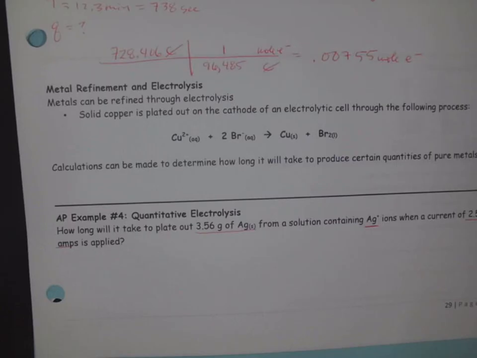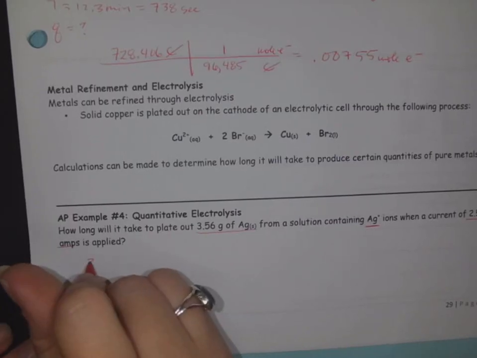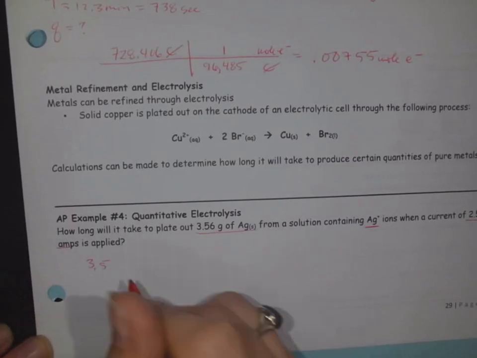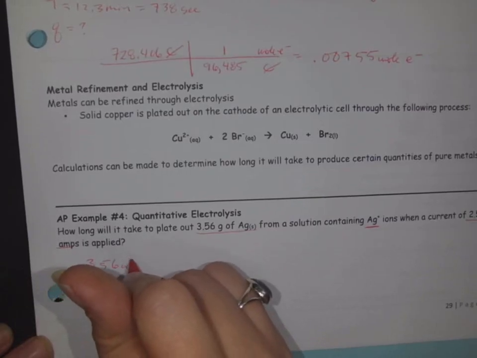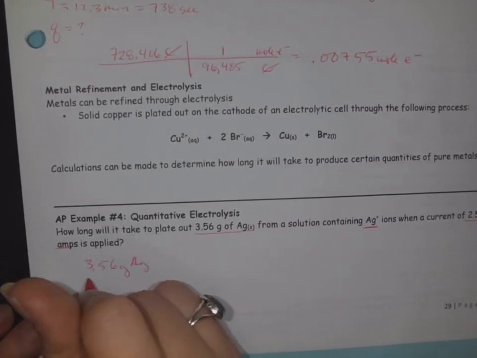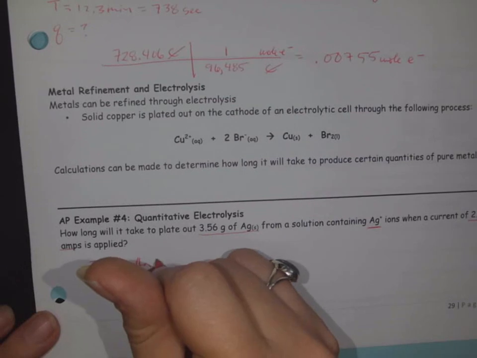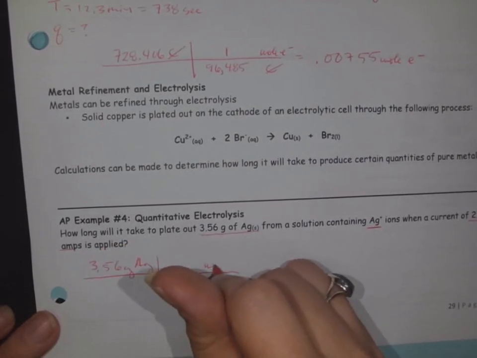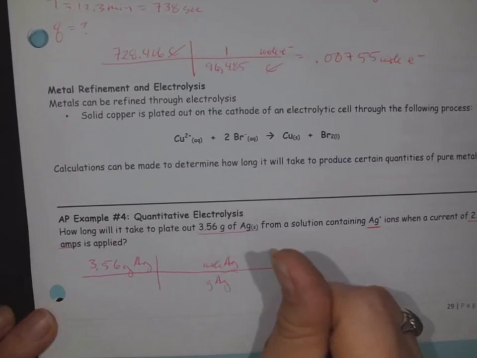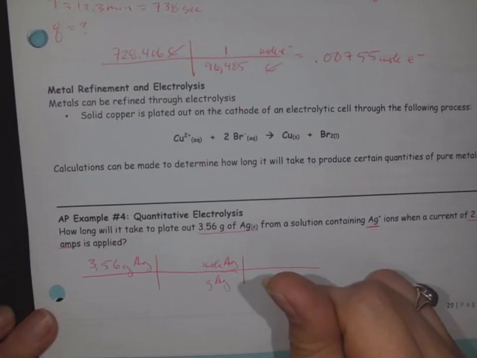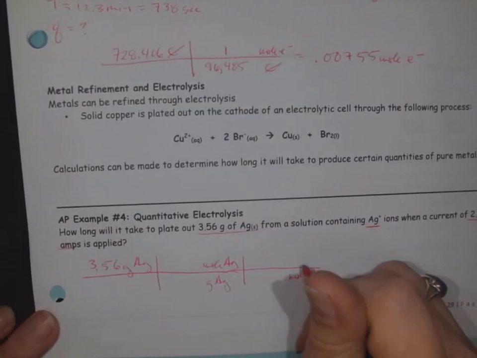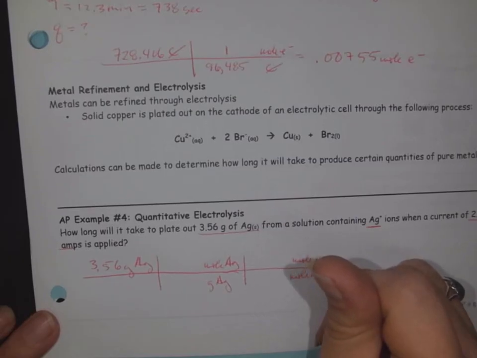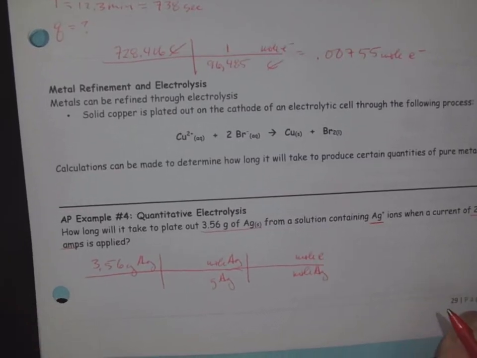All right, so 3.56 grams of silver. That's what I'm starting with right now. Grams of silver, let's move to moles of silver. And I could go right from moles of silver to moles of electrons.